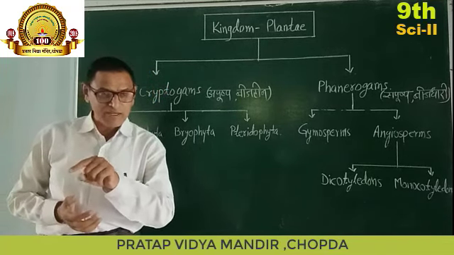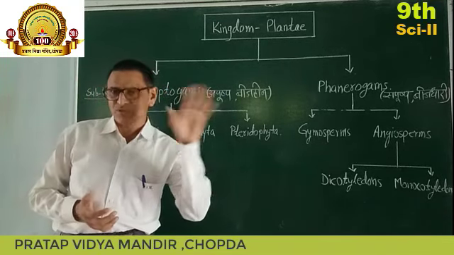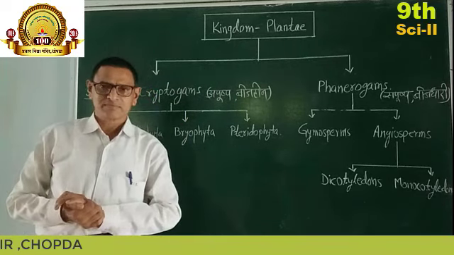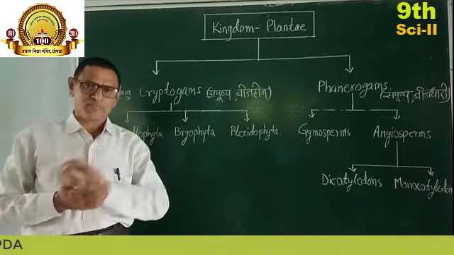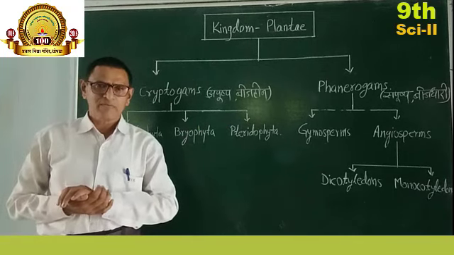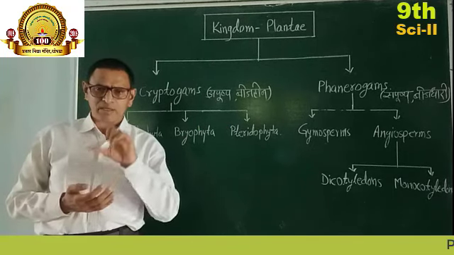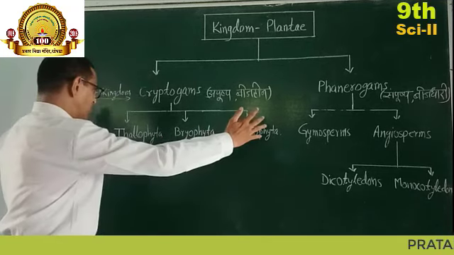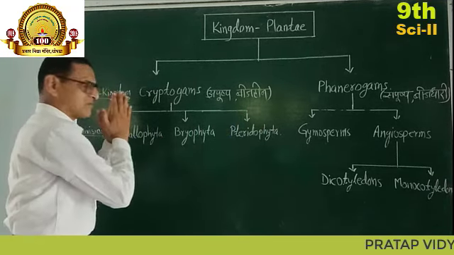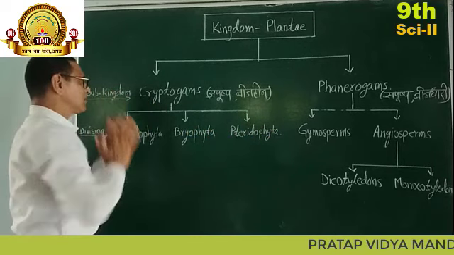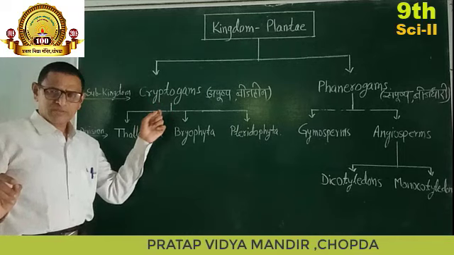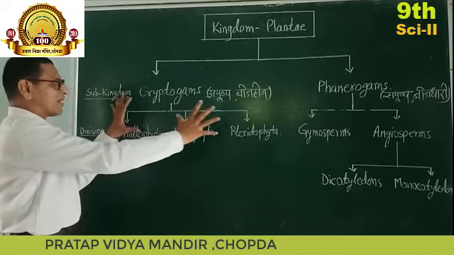And that is why the word crypto is used. Crypto means hidden. Gametes means seeds. Here, the reproductive organs are hidden. That is why all these plants are included in the cryptogams. We finished the study of cryptogams topic.